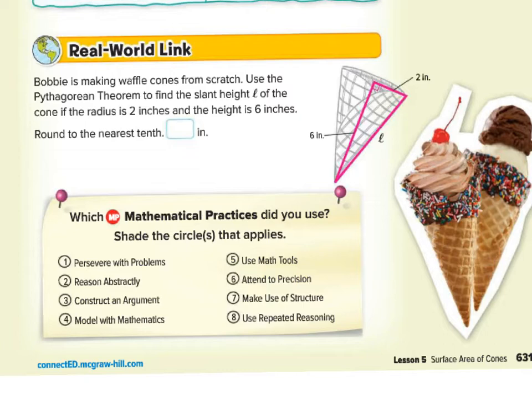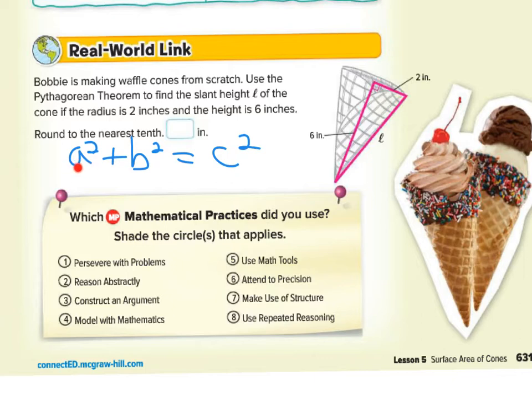So we need to do Pythagorean Theorem, which is a squared plus b squared equals c squared. And don't forget that our c squared, our hypotenuse, is always our longest line.